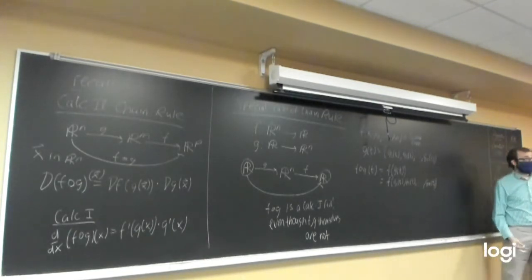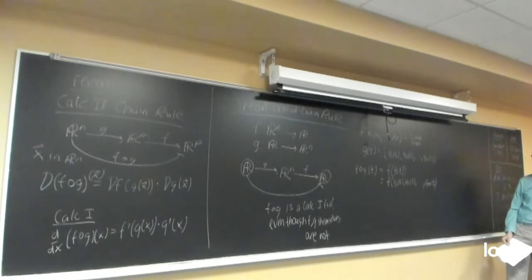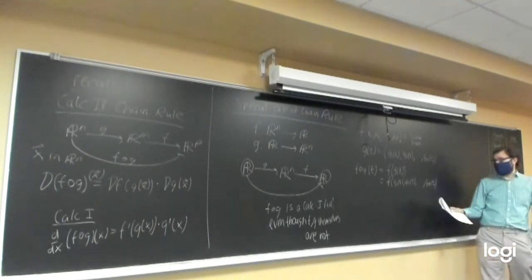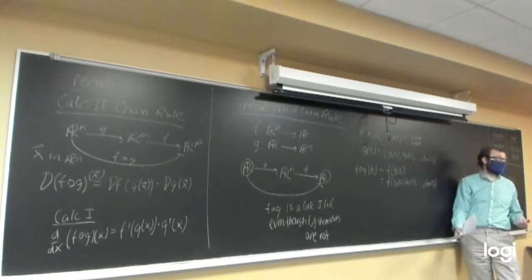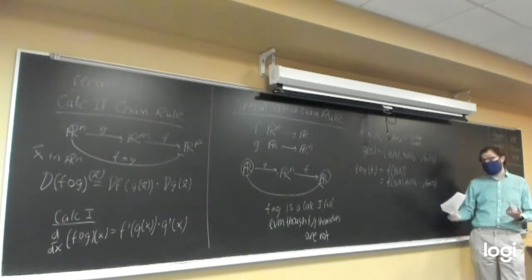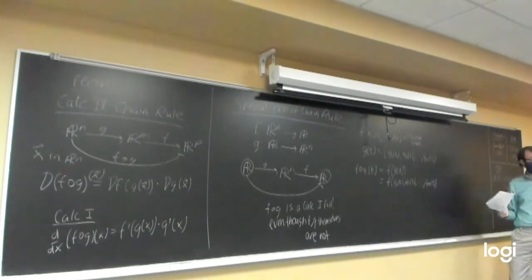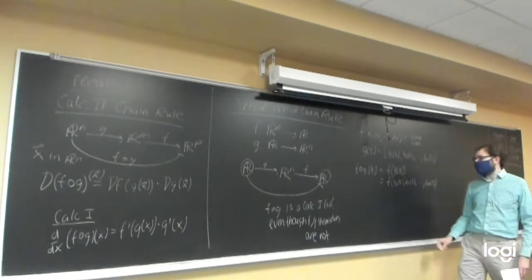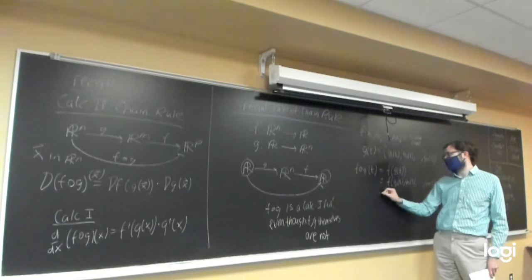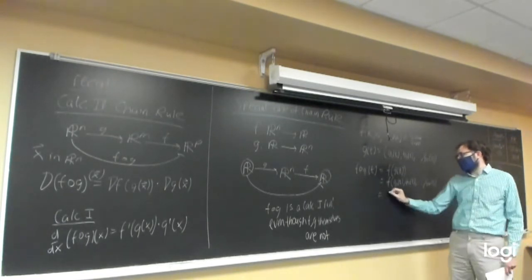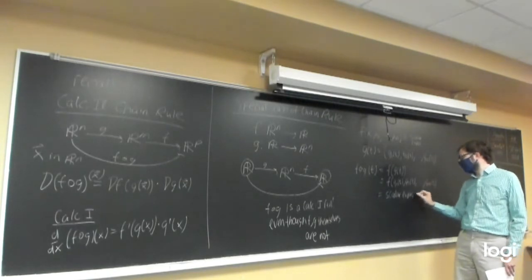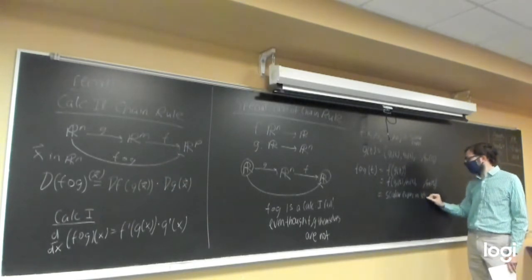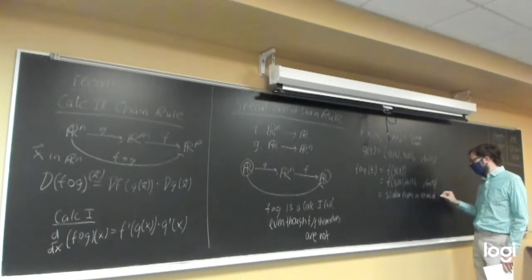Well, if f is going to be a function that takes in n components and spits out some scalar expression, and the components that we're plugging into f are just the component functions of g, meaning g1 of t, g2 of t, up to g sub n of t, then when we take the composition here, f of that expression is just going to be some scalar expression in terms of t.